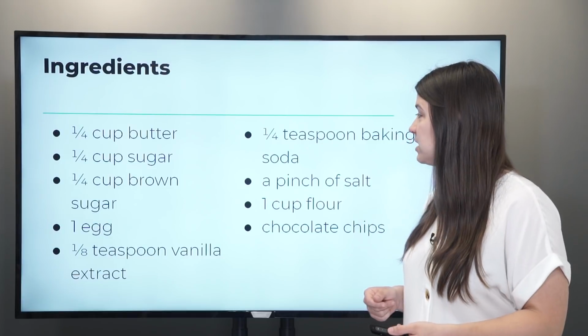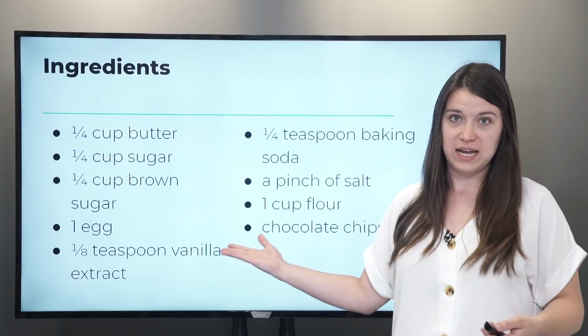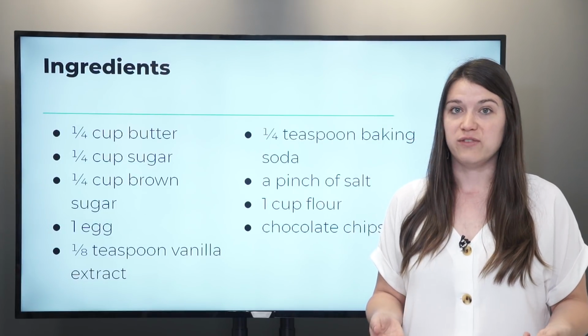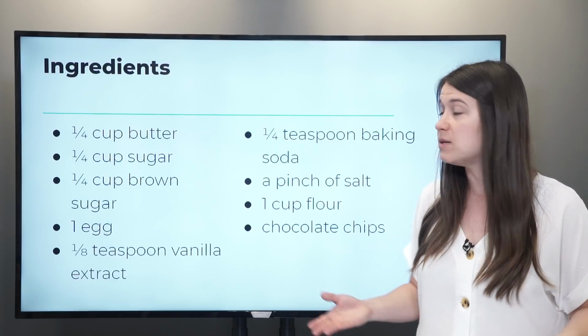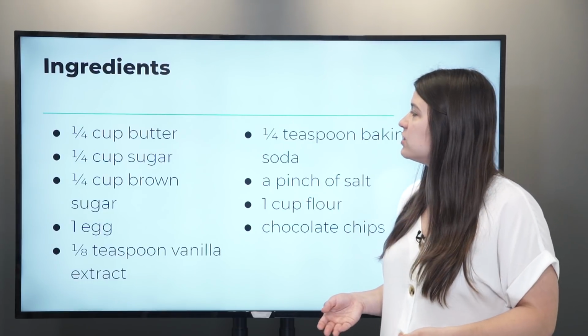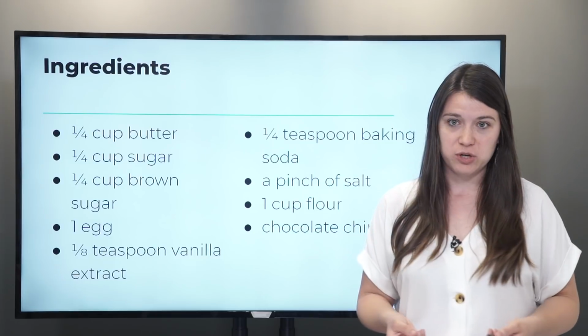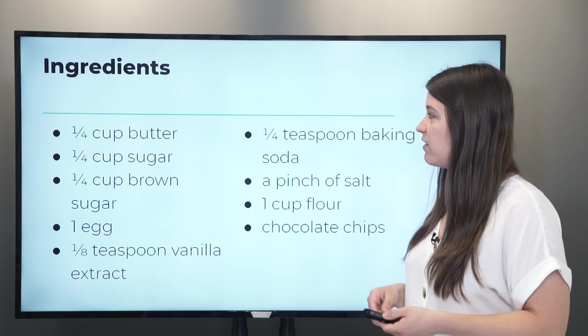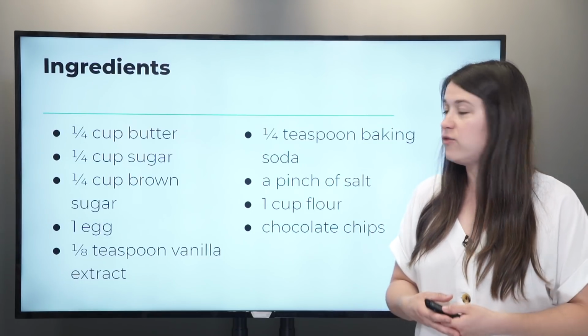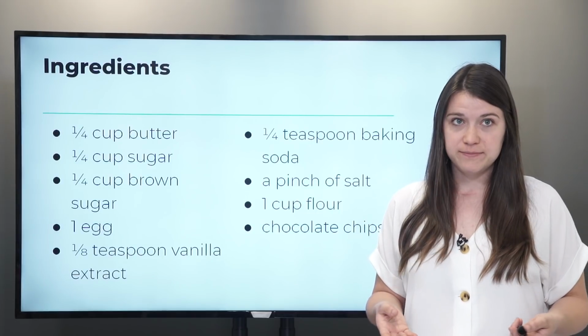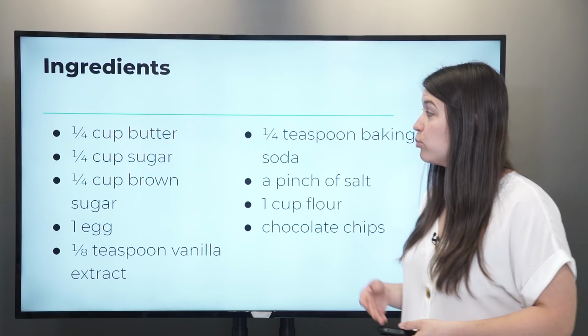These are typical measurements in the United States, but you can also find the equivalent in the metric system if you want. So for example, to make chocolate chip cookies, we need 1/4 of a cup butter, 1/4 of a cup sugar, 1/4 of a cup brown sugar.